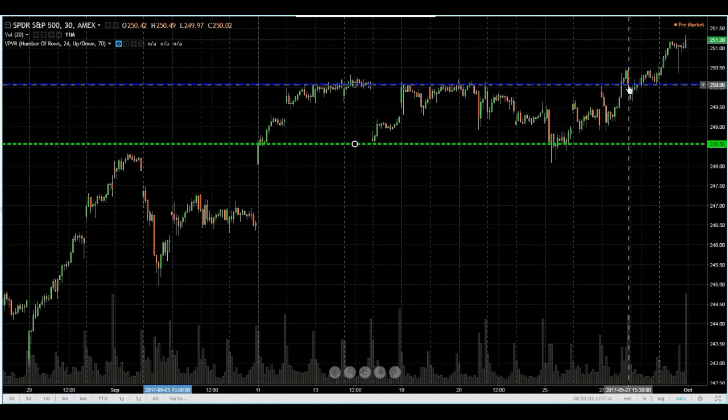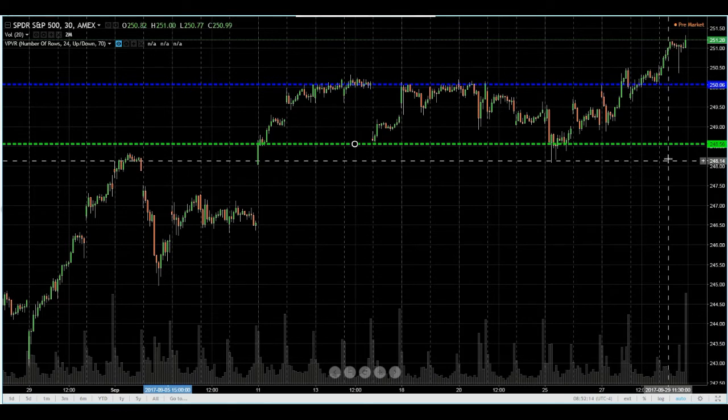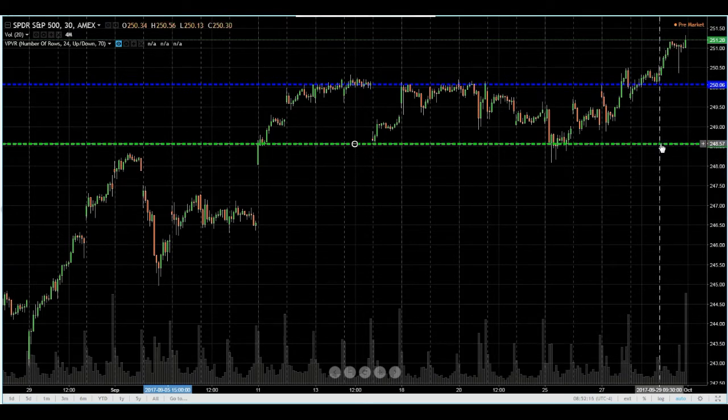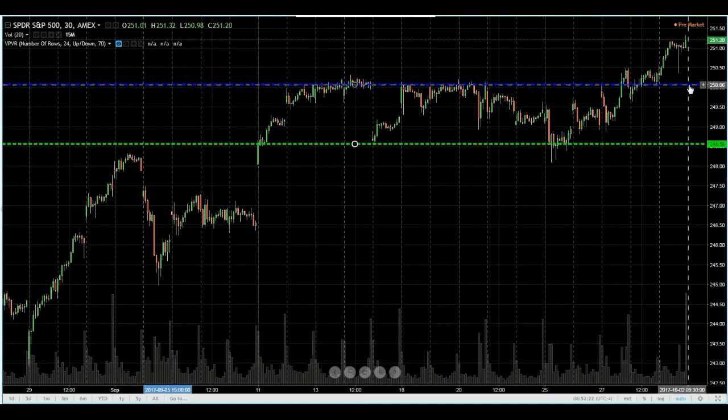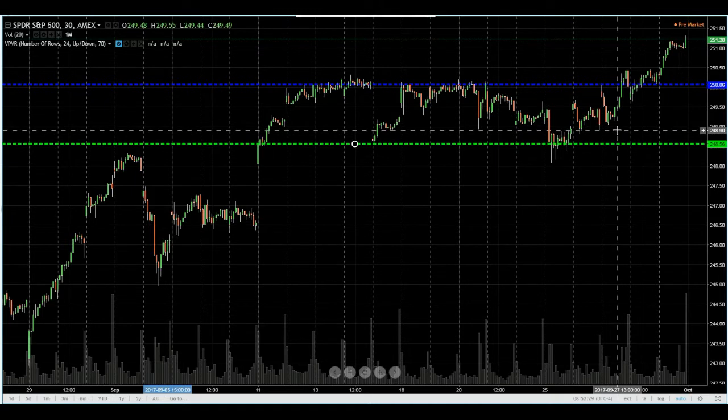Again, this is just all technical levels. I'm not going to get into too much fundamentals here. So depending on what happens, this is the level that I'm most interested in buying the Spider. If we get back down to this level, I want to see what happens at this liquidity level here, and then we'll have to watch that.